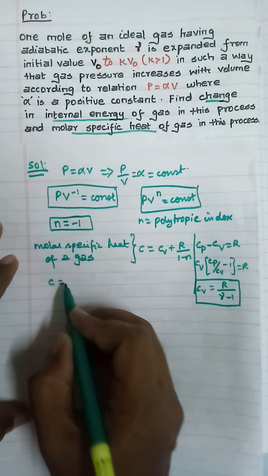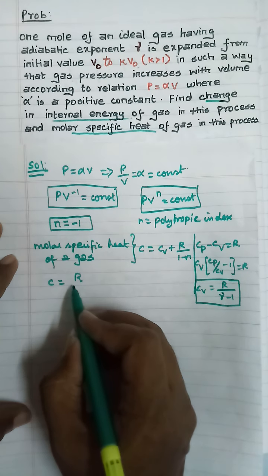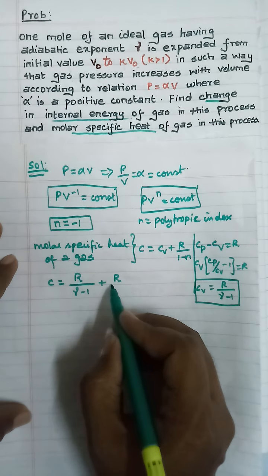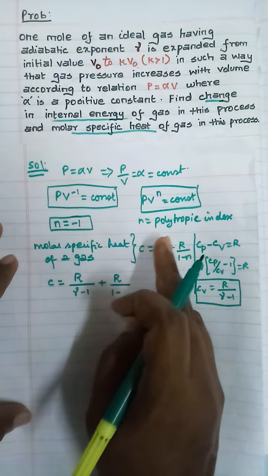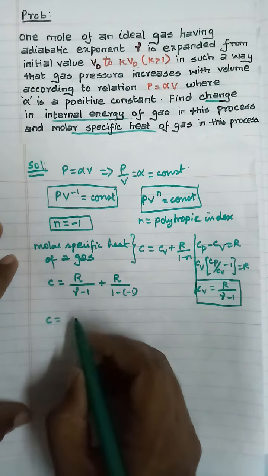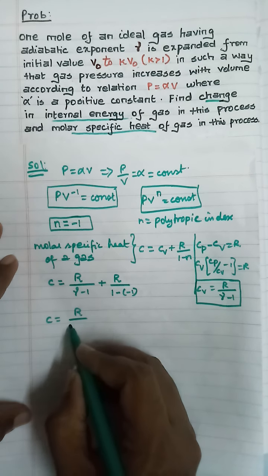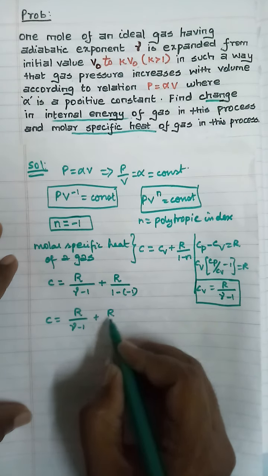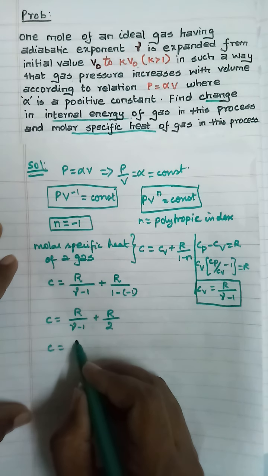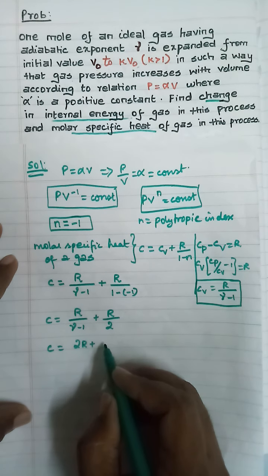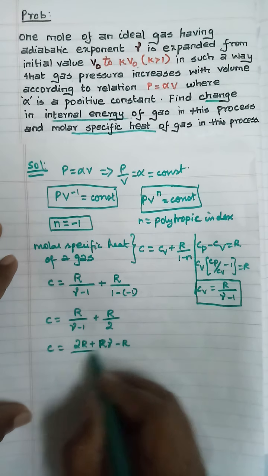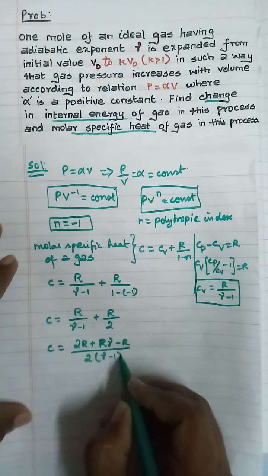Then this can be substituted in this relation. So we will get C is equal to R by gamma minus 1 plus R by 1 minus the polytropic index n, which is minus 1. So this can be written as R by gamma minus 1 plus R by 2. When you do the cross multiplication, C is equal to 2R plus R gamma minus R by 2 into gamma minus 1.